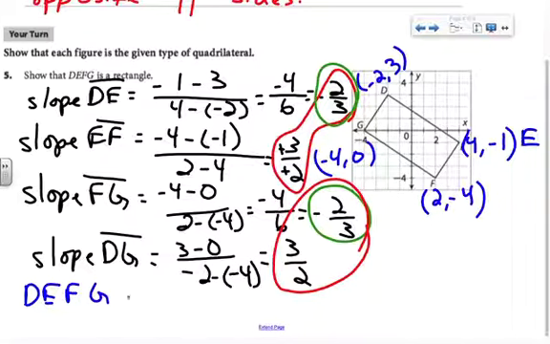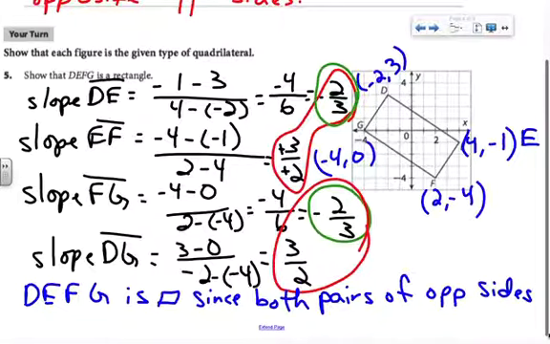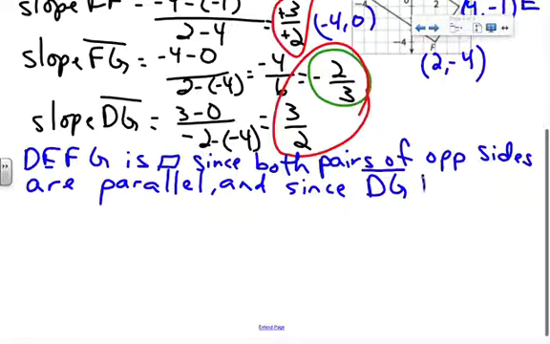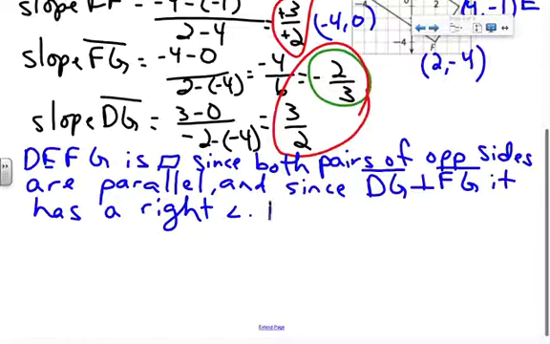DEFG is a parallelogram since both pairs of opposite sides are parallel, and since, let's pick one, DG is perpendicular to FG, it has a right angle. Therefore, DEFG is a rectangle.